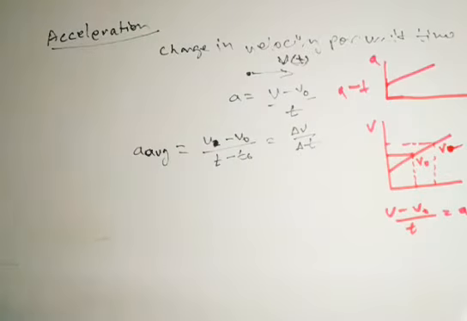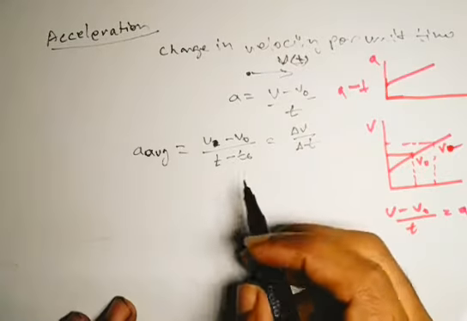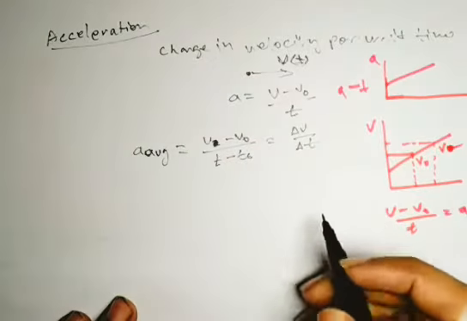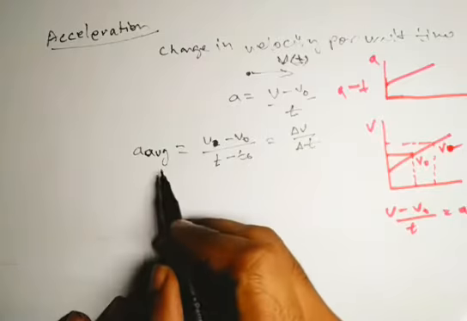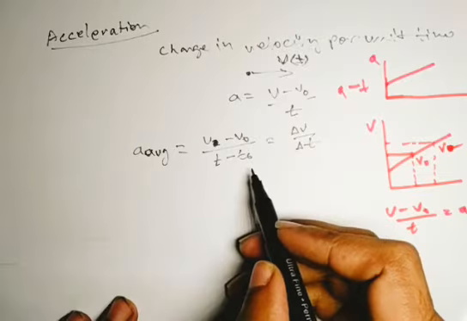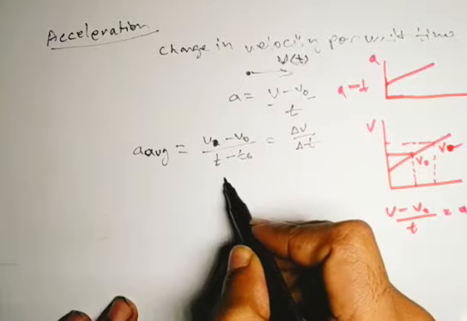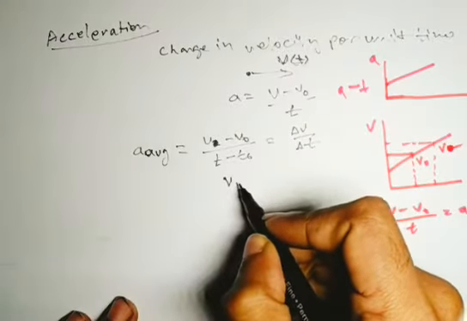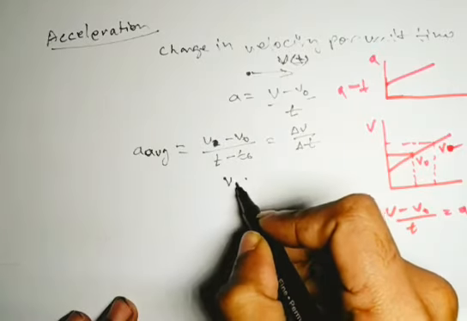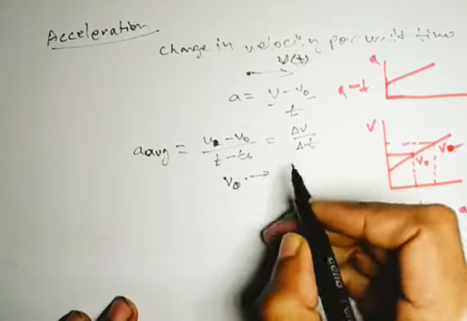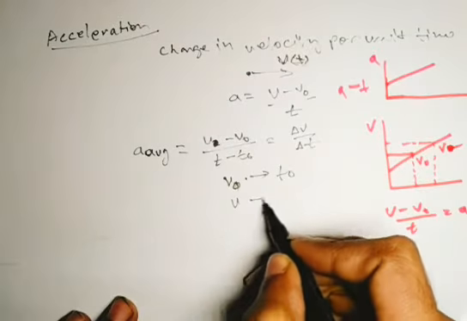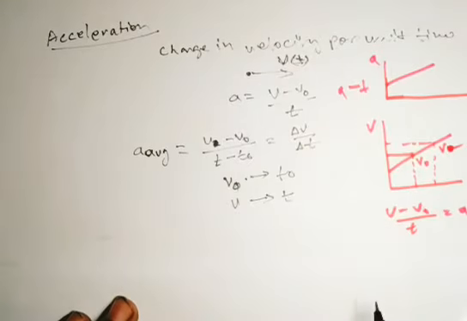So in this average acceleration, we can say that the particle has velocity v naught at time t naught, and also v at time t.